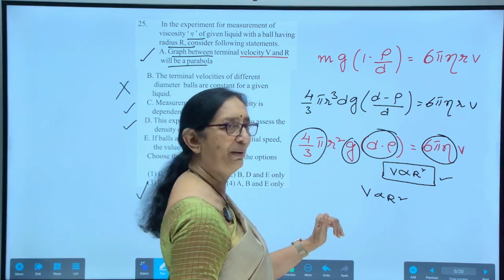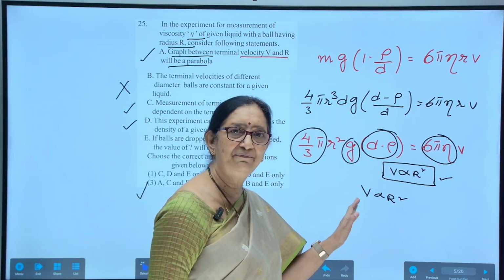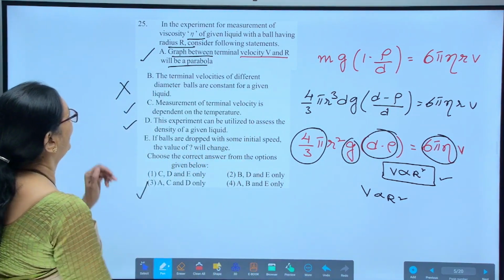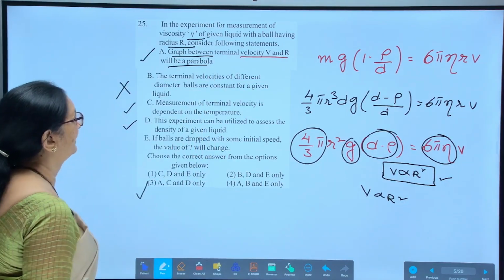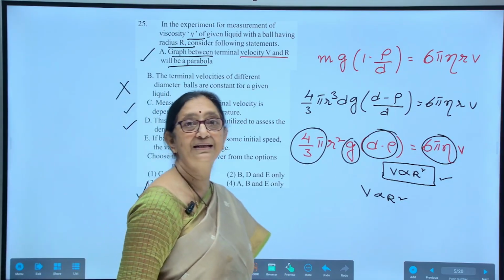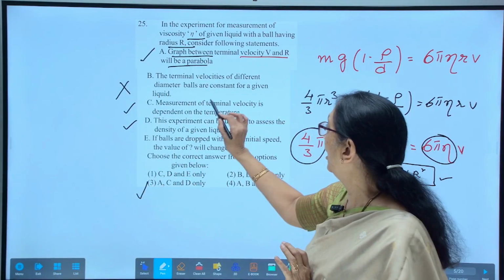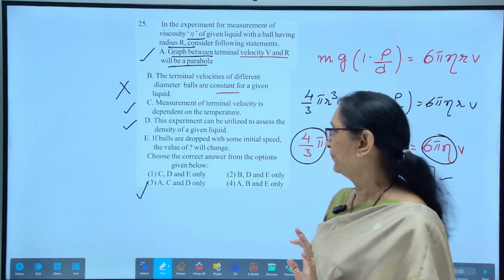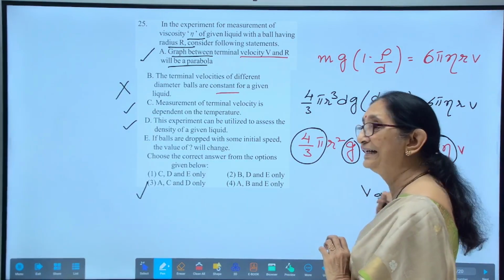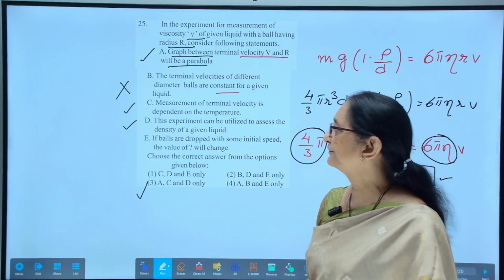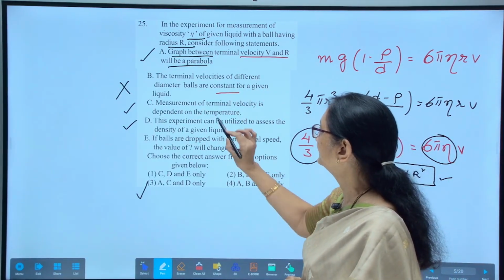Exactly on the same basis, if you draw a graph between velocity and the radius, it is going to be a parabola. So that is a correct statement. Next statement, the terminal velocities of different balls are constant for a given liquid, which is not true, because terminal velocity depends on the radius, or size, of the ball. So that is a wrong statement.